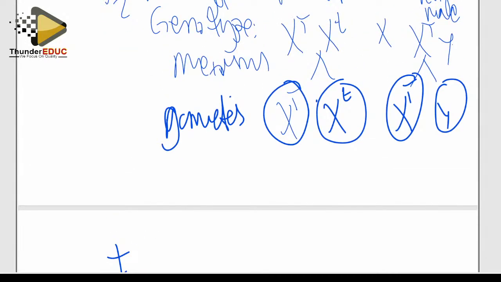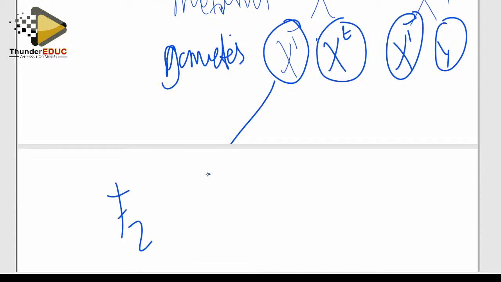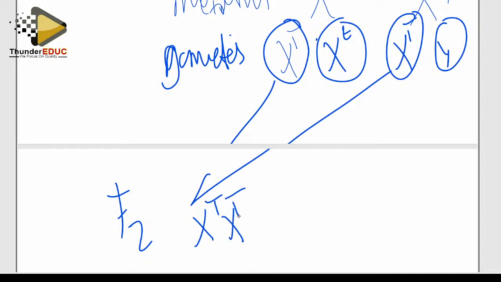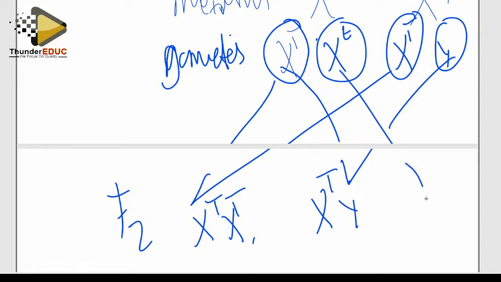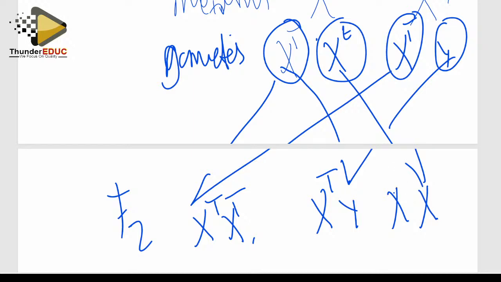F2. So now I have to cross this, whereby this is going to go with that. So I'm going to have X capital T, X capital T. I'm going to cross this with that, whereby it's X capital T, Y. And I'm going to cross that with that, which is X small t, X. Let me start with X capital T, X capital T, X small t.